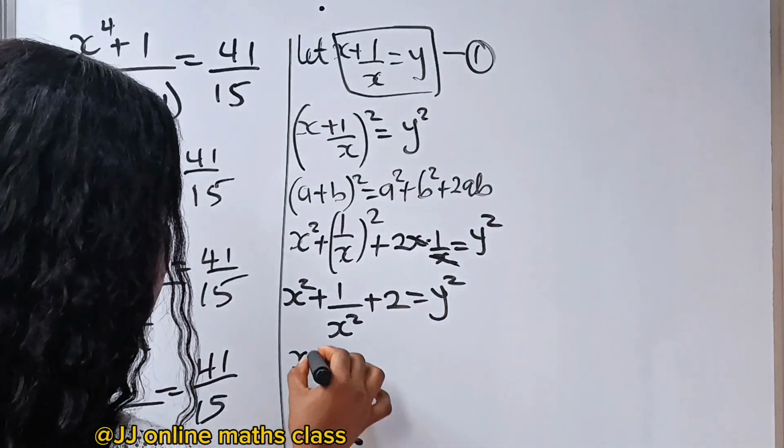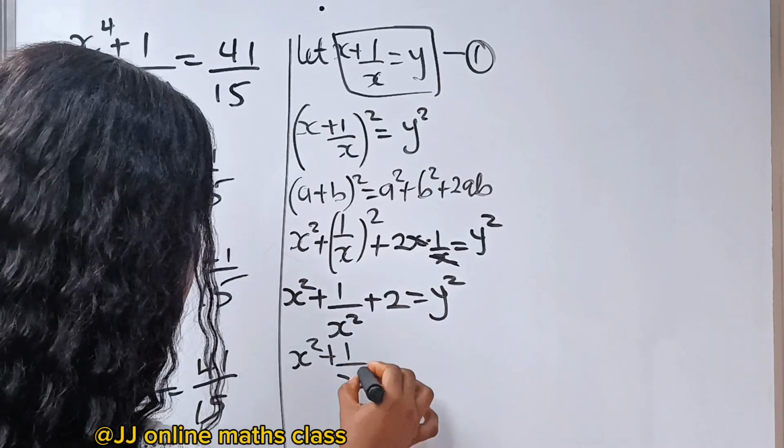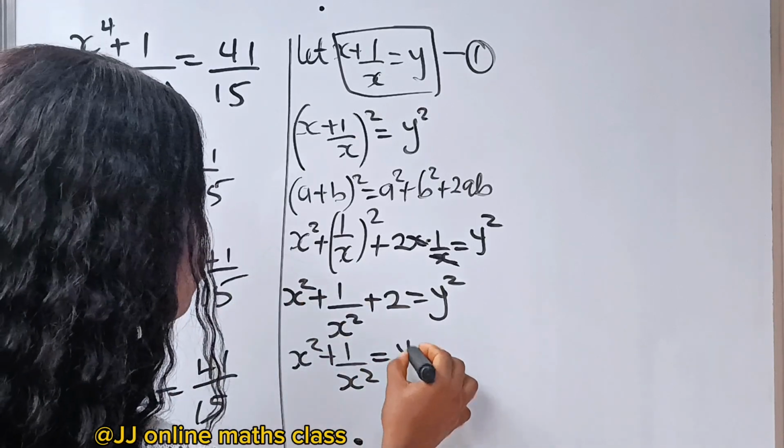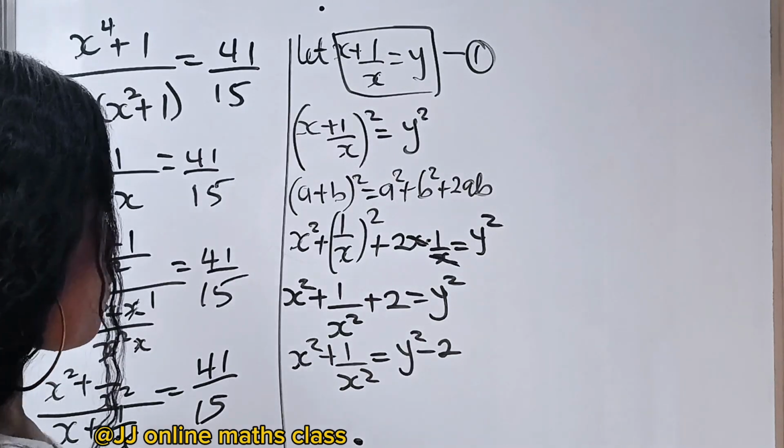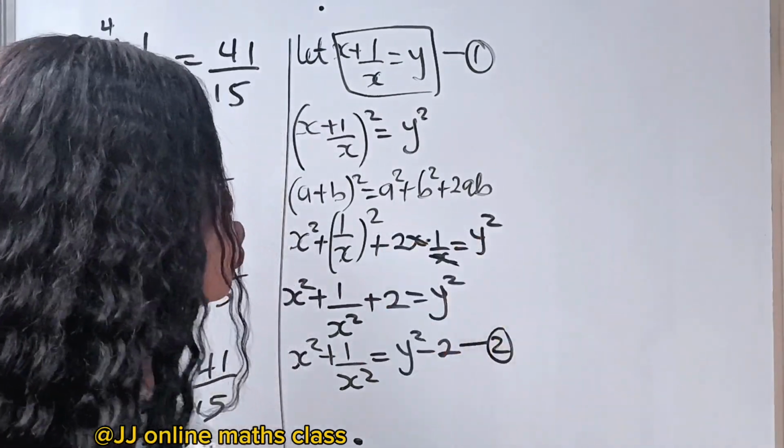The x cancels, leaving 2. So we have x squared plus 1 over x squared is equal to y squared minus 2. Let's call this equation 2.